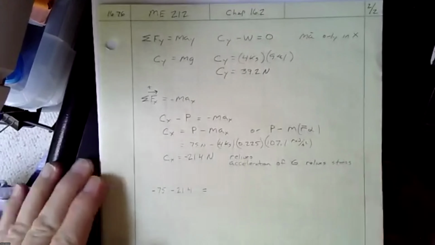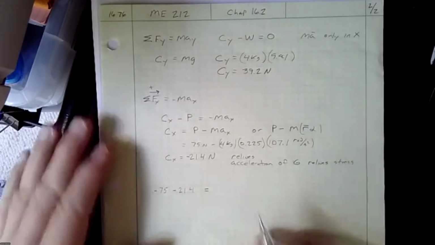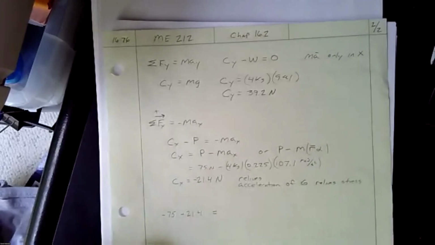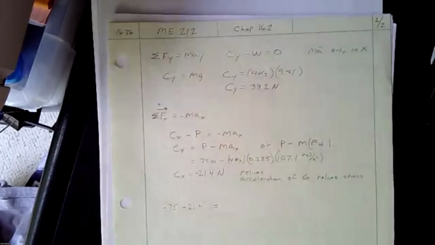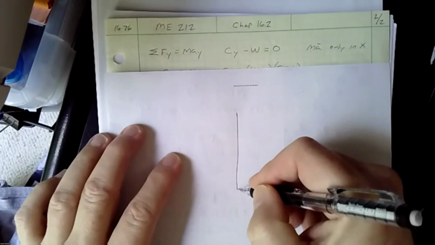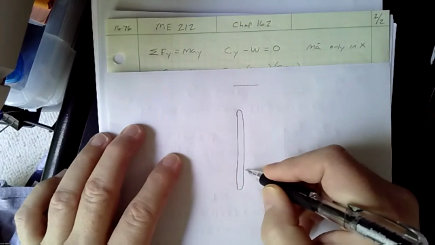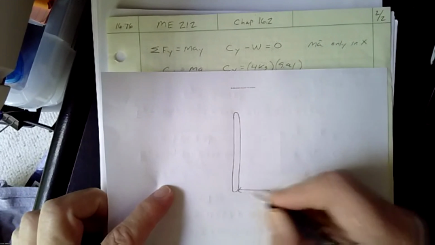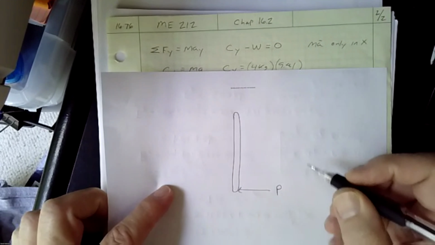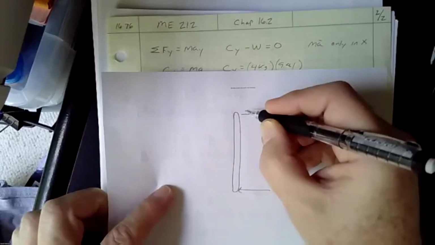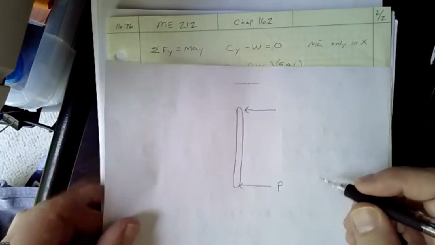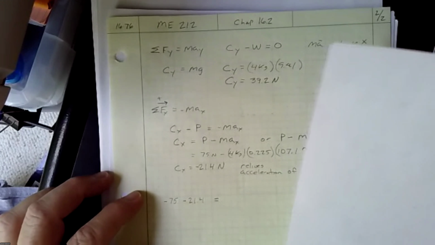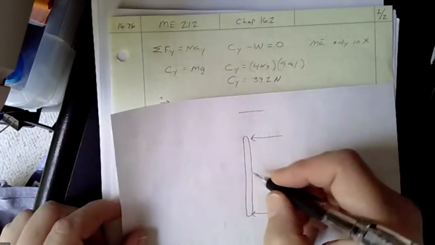Just to be clear on this, look at the actual bar. The bar has a force P down here, and then it has the acceleration.